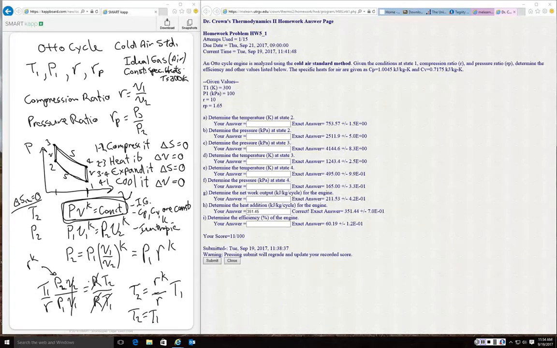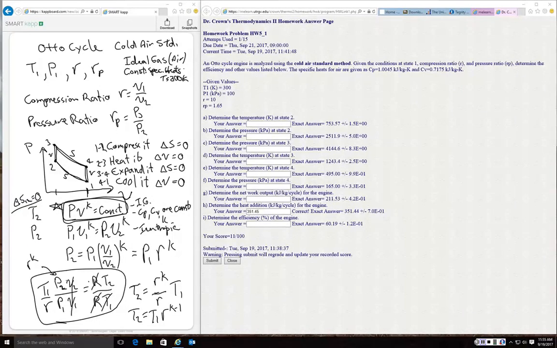Now you can memorize all these steps, but to me I would rather just remember PV to the K equals a constant for constant specific heat, isentropic process, and this idea of writing out the ideal gas law and then dividing it by the other end state using the ideal gas law, and then rearranging that to find the other relationship, either temperature or pressure, is actually the easy way.